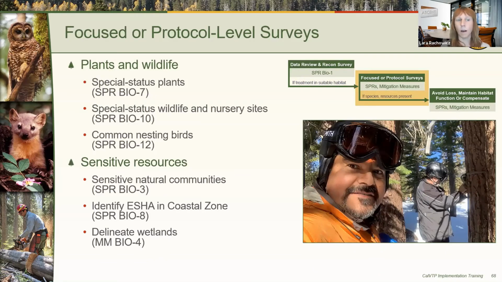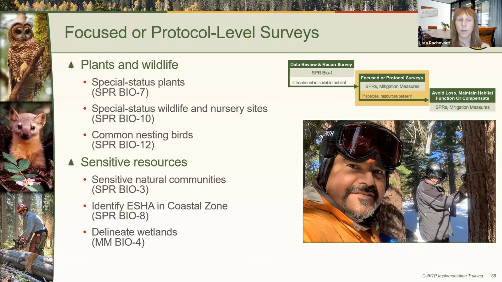If SPR Bio 1 determines that suitable habitat is present or sensitive habitats may be present and cannot be avoided, then focused or protocol level surveys must be conducted as required by several of the SPRs and mitigation measures. The PEIR contains measures that require surveys for special status plants and wildlife, for common nesting birds, for sensitive natural communities, for ESHA if treatments occur in the coastal zone, and for wetlands.